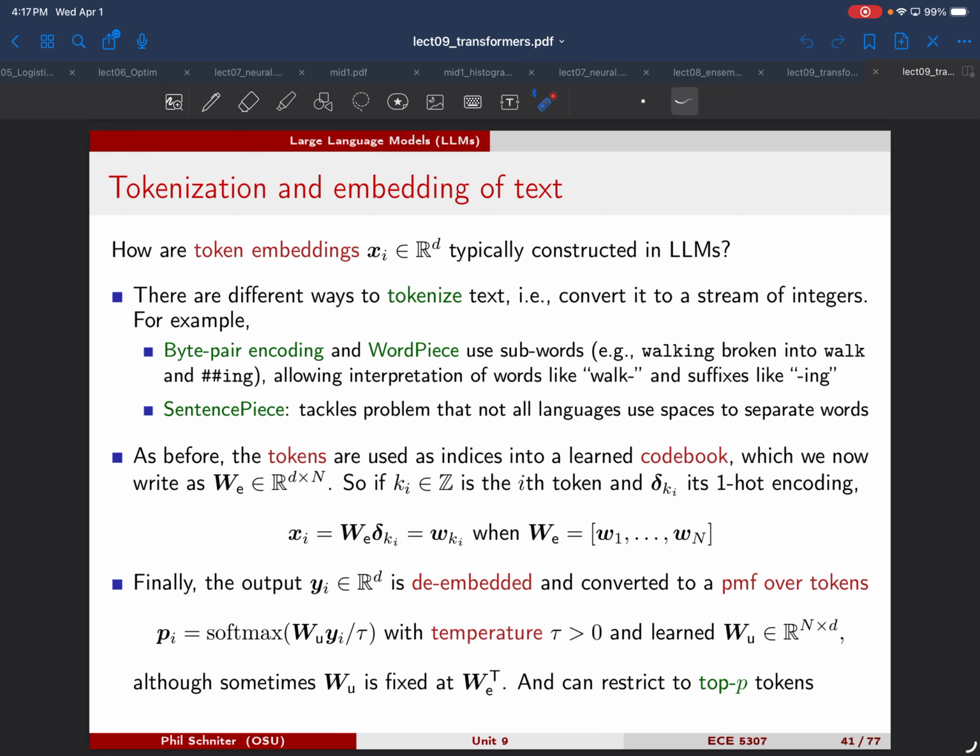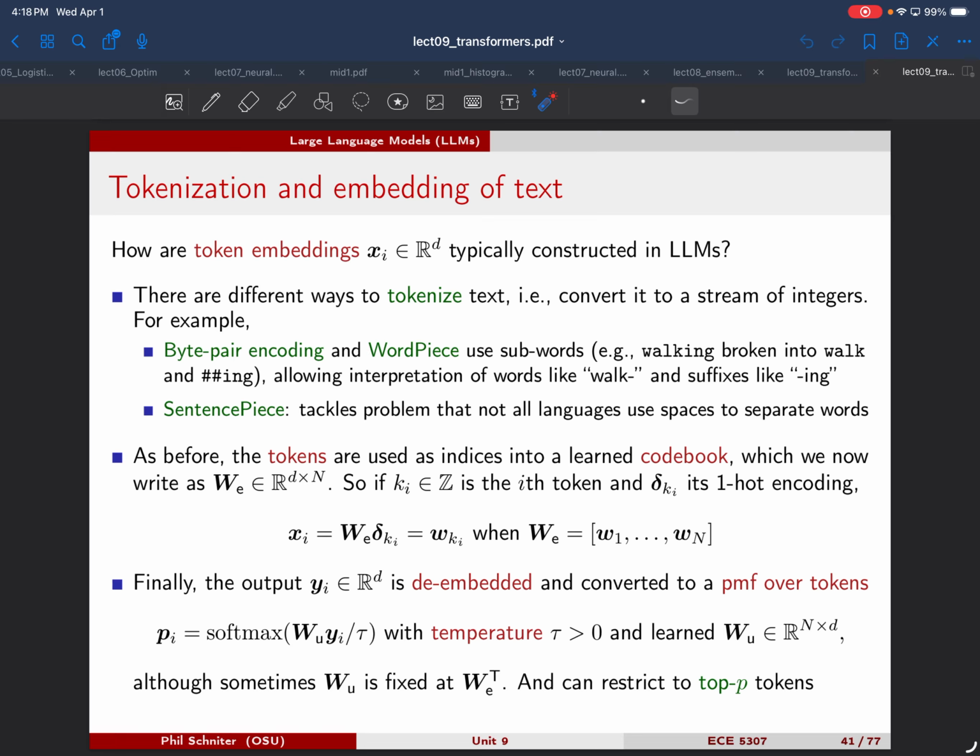For example, the word walking could be broken into walk as one token, and then the extension ing could be another token. When you break things up this way, you can have walk combined with ing or with ed or so on, and you can preserve the character of walk.